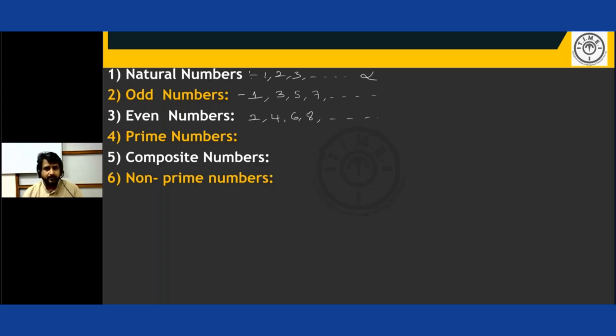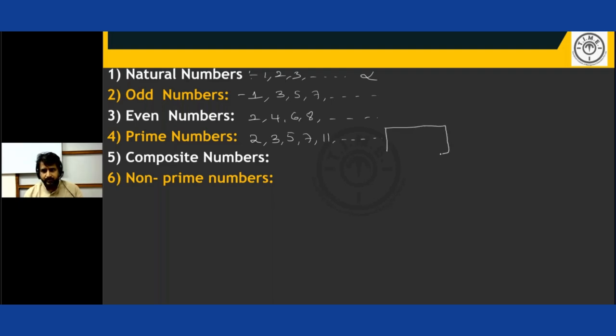First, you need to identify the logic and then you need to identify the pattern. That is very important. And what are the prime numbers? 2, 3, 5, 7, 11, and so on. The number which is divisible by 1 and itself, or the number which has exactly 2 factors, is called a prime number.